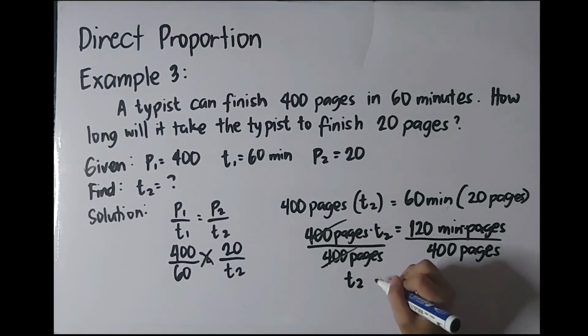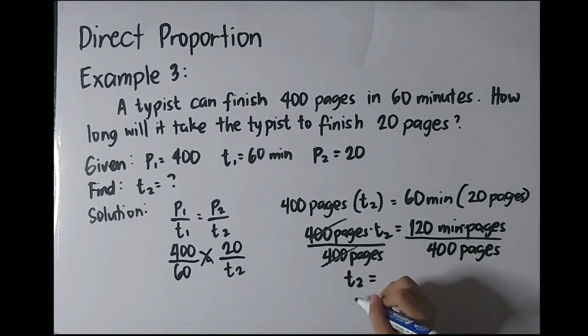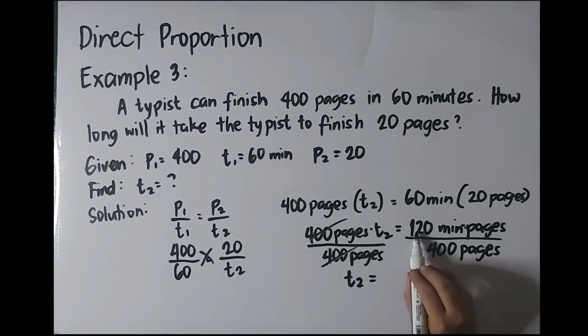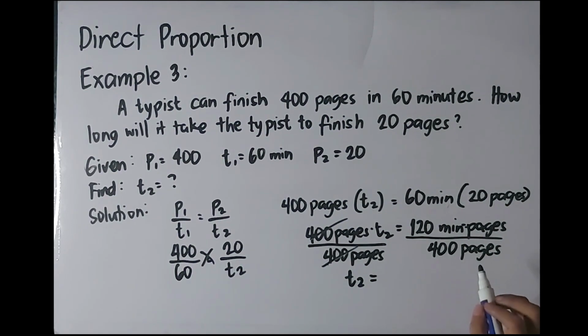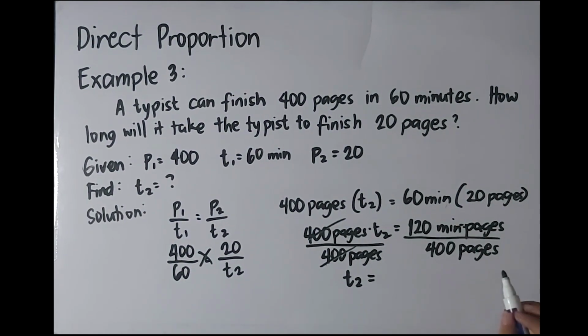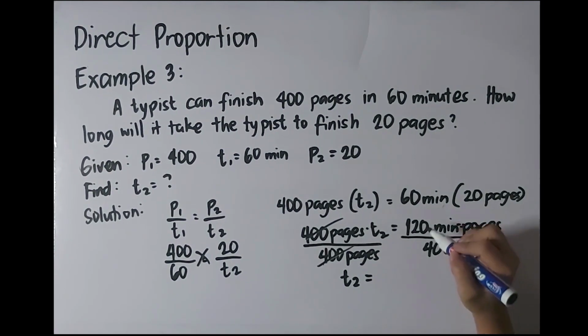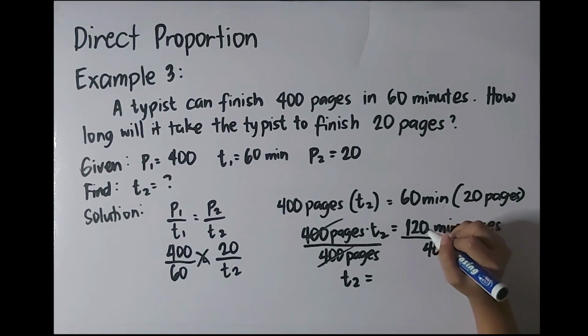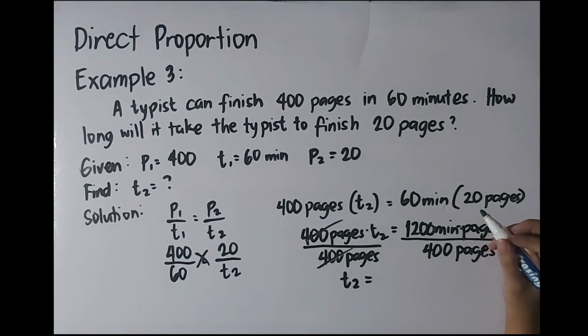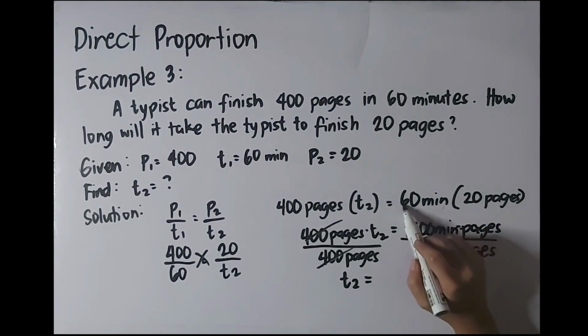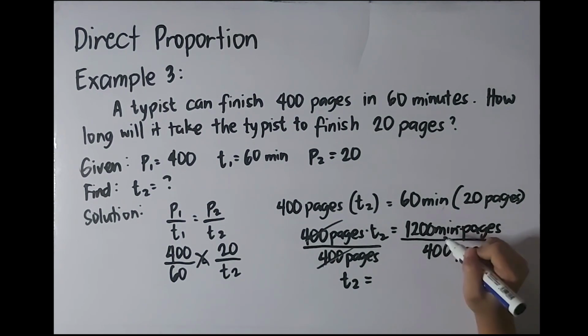So the remaining is T2, or the second time. So we have 1,200 minutes pages over 400 pages. Sorry, this is not 120, this is 1,200 minutes rather. So 60 times 20, that is 1,200.